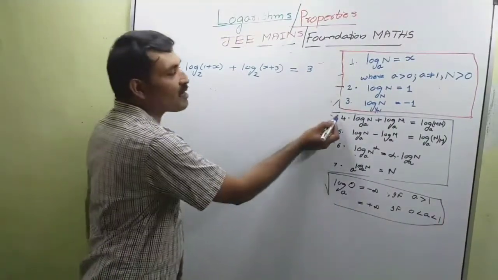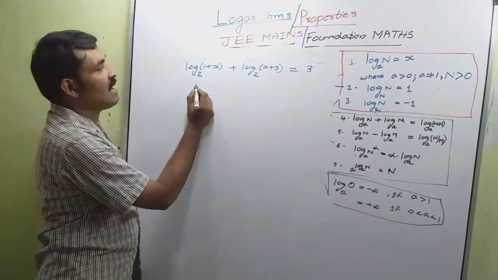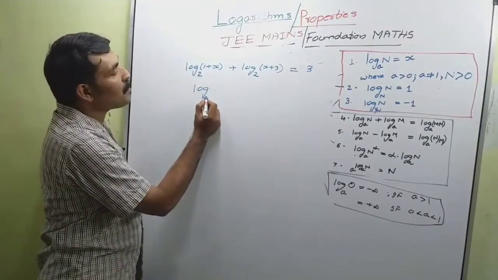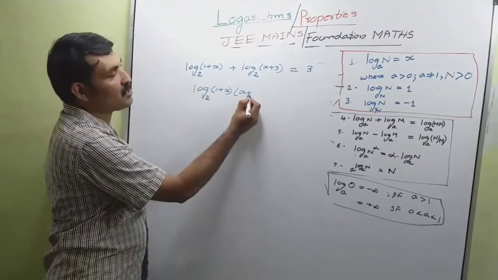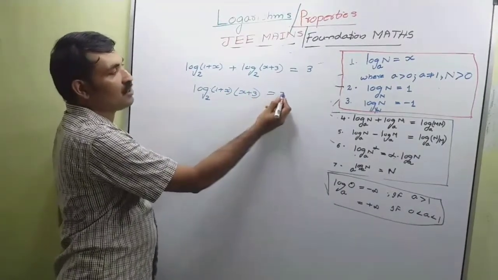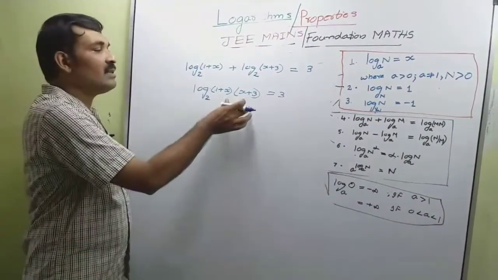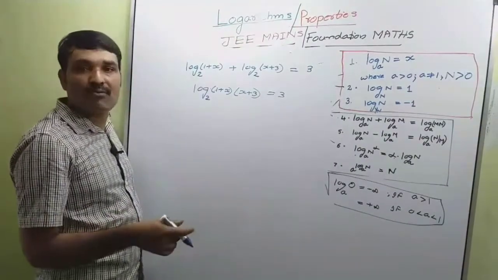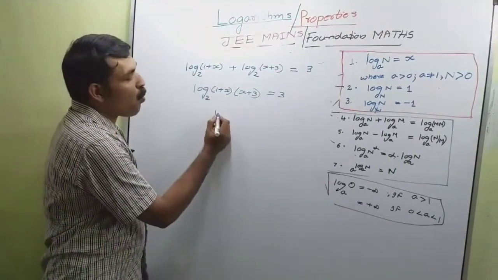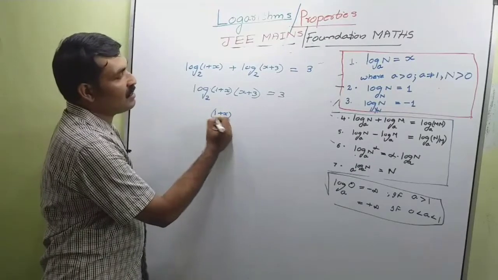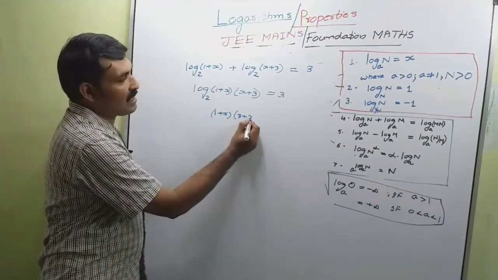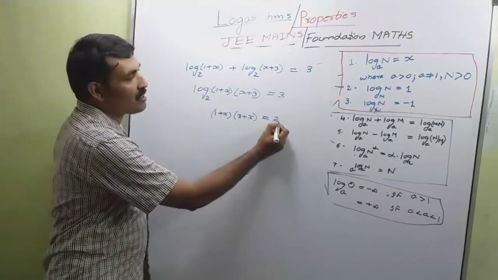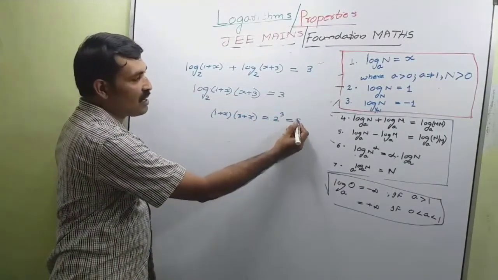So using property 4, we can write this as log base 2 of 1 plus x into x plus 3 is equal to 3. So convert this into exponential form. We can write 1 plus x into x plus 3 is equal to 2 raised to 3, and 2 raised to 3 is equal to 8.